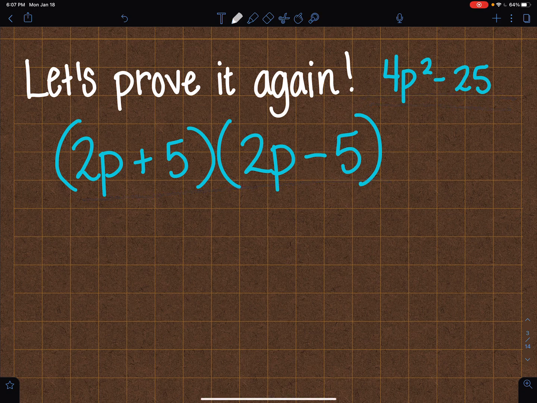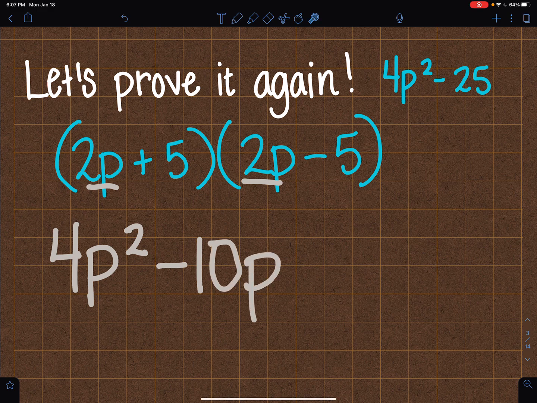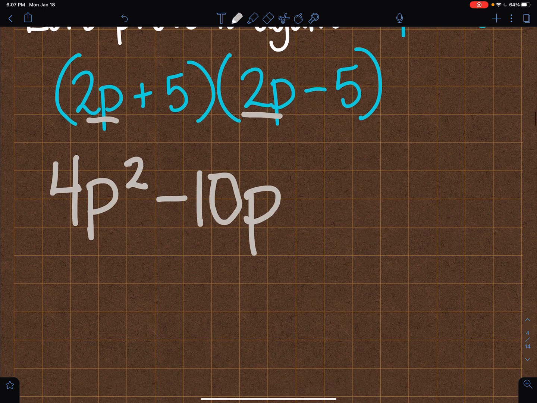All right, so we are going to do first, 2p times 2p is going to be 4p squared. Let's do outside. 2p times negative 5 is going to be negative 10p. Now inside, 5 times positive 2p is going to be positive 10p.